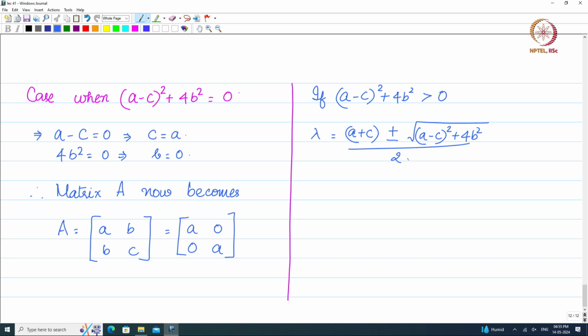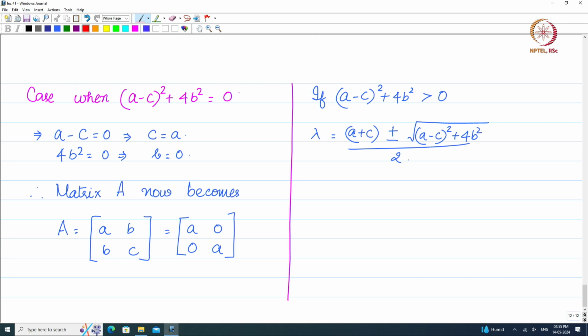So, what is the conclusion that we are going to say? We are going to say that, of course, we will generalize this for any n by n real symmetric matrix. We will generalize this result at least for 2 dimension, at least for a 2 by 2 real symmetric matrix.